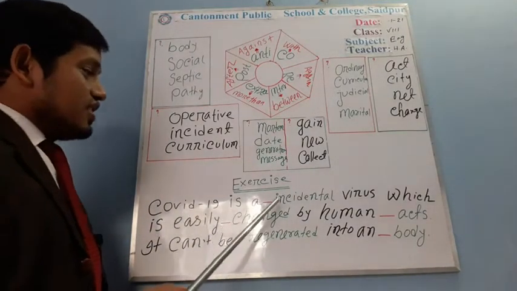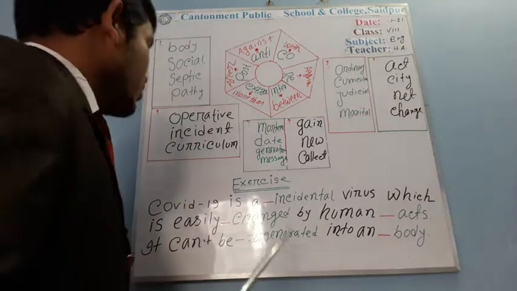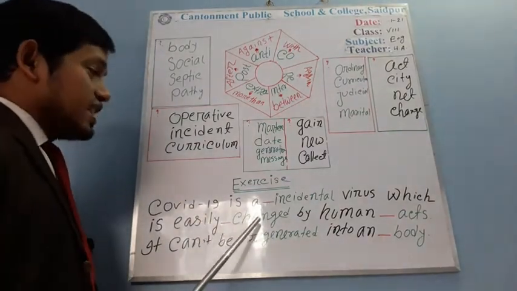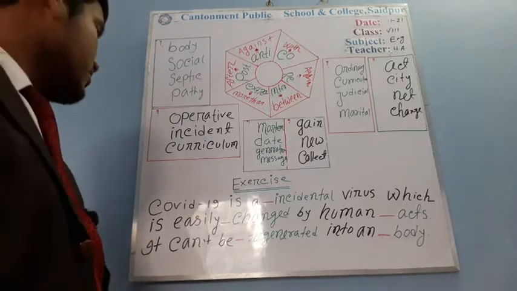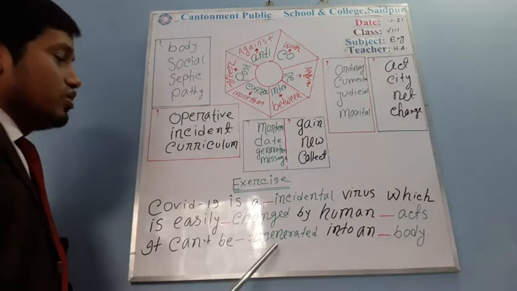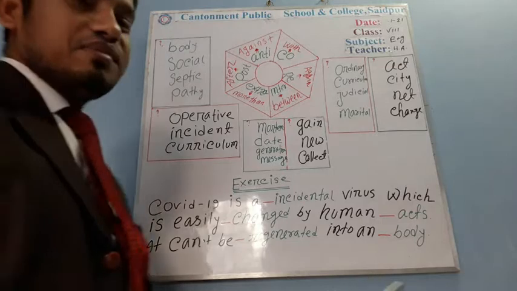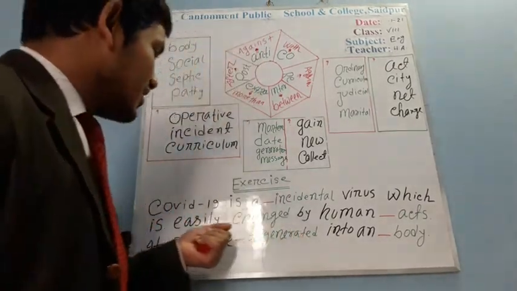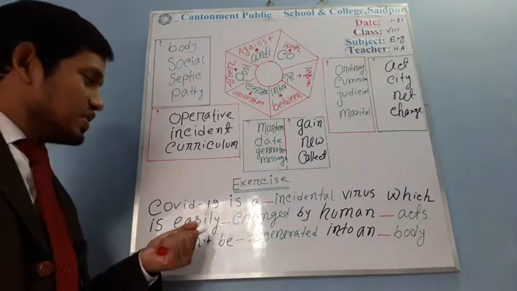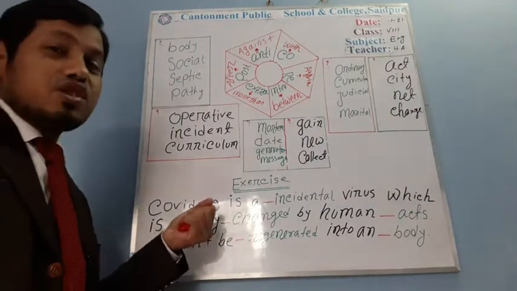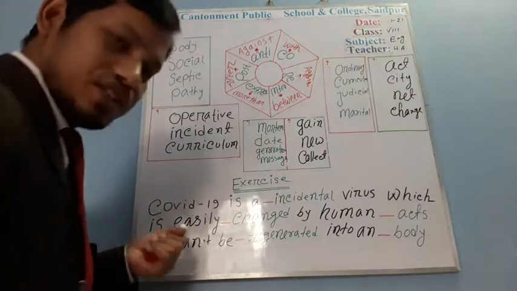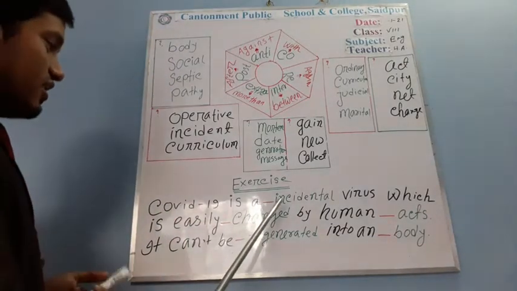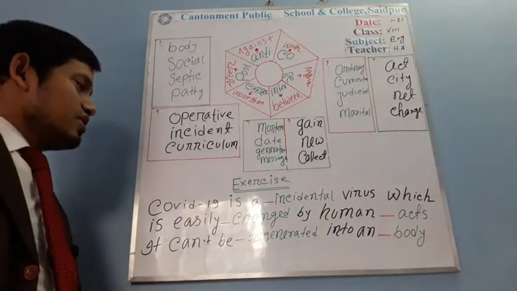COVID-19 is an incidental virus which is easily changed by human acts. It can be regenerated into a body. Really, there are three lines here in English for your short practice. Please think which one can be used here, learners.